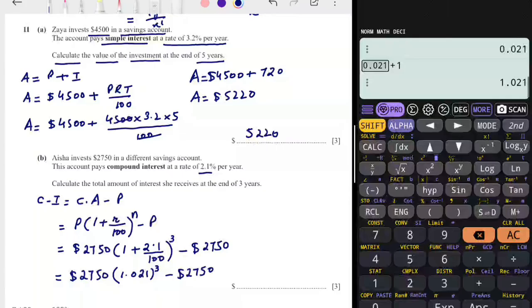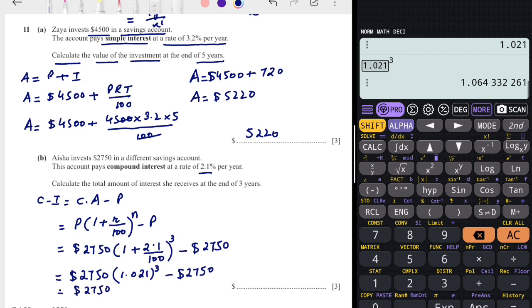Now we'll find out 1.021 raised to the power 3, that would be 1.064.